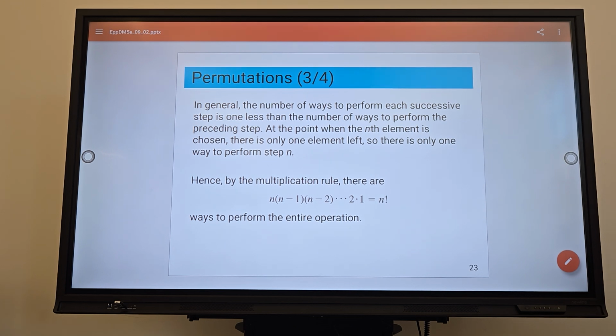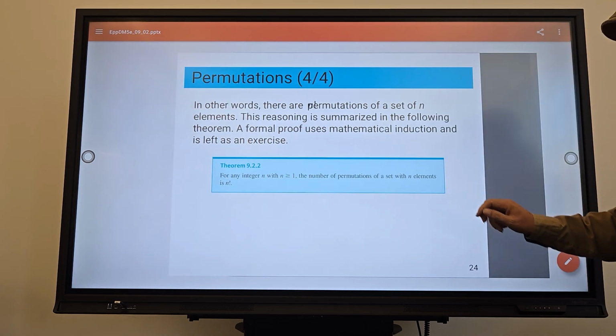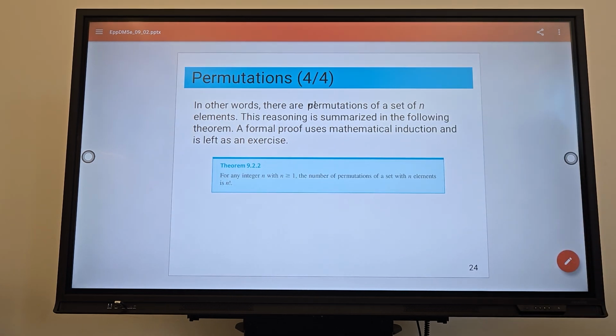So, by the multiplication rule, it comes to n factorial ways to perform the operation. In other words, there are n factorial permutations of a set of n elements.